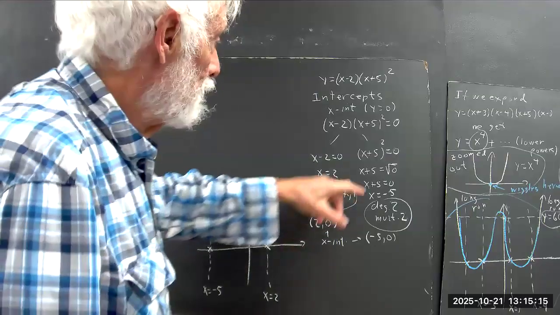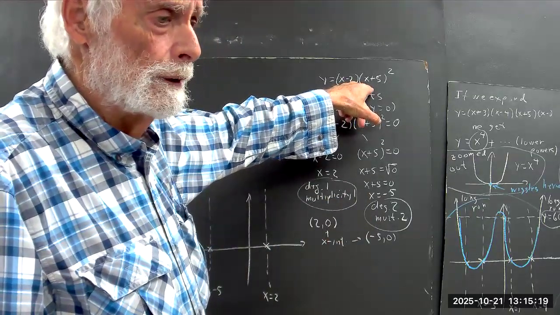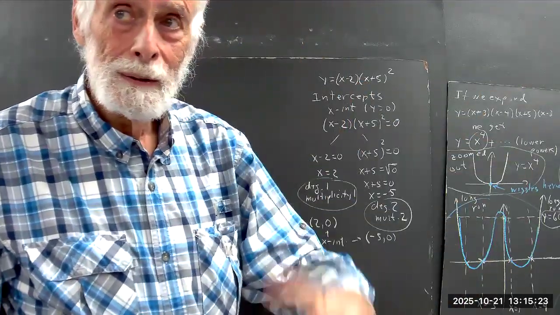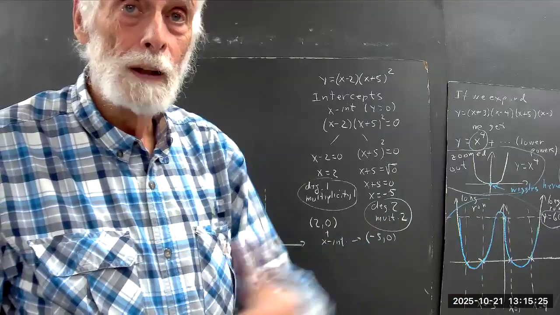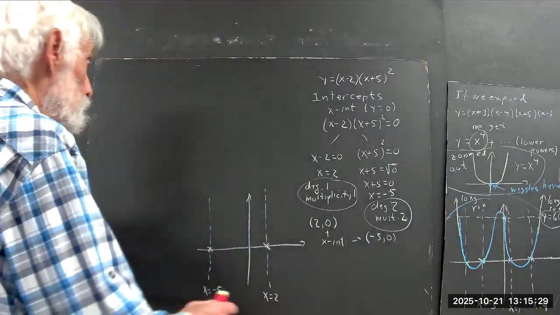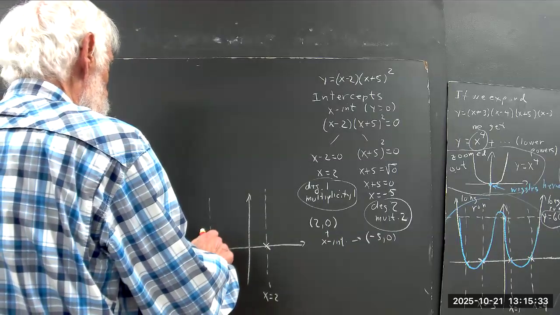Now, the point is, it comes from x plus 5 squared. X plus 5 squared is just the toolkit function x squared shifted 5 units to the left. So it's going to act like the x squared function shifted 5 units to the left. It's going to look like this.